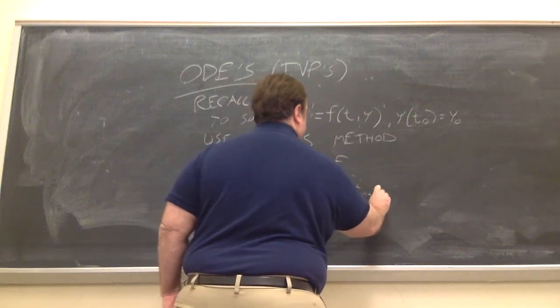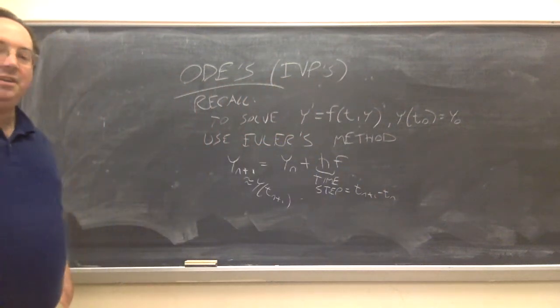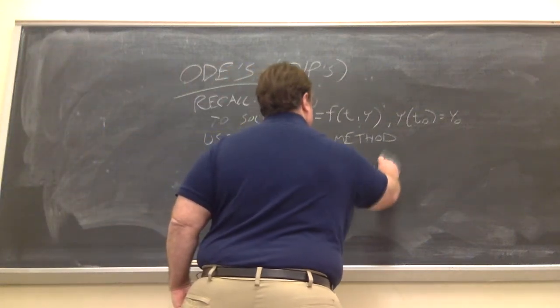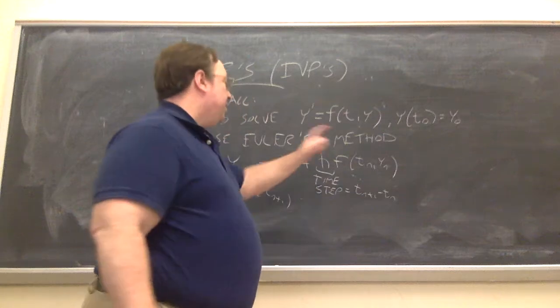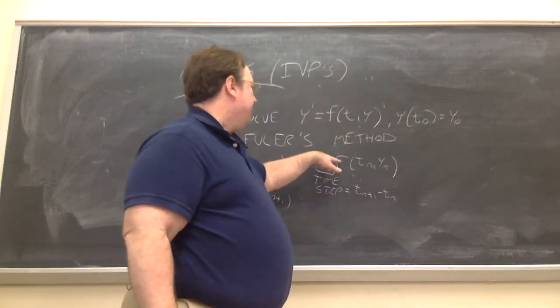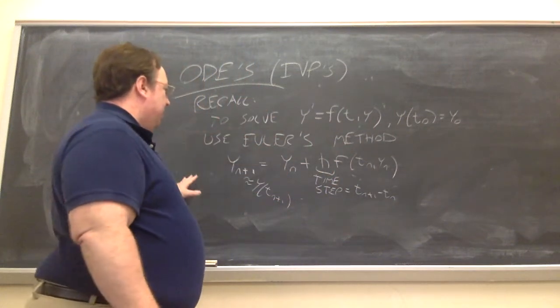So it's just the difference between two consecutive time values. So you plug your current time and current solution value into your time derivative f, multiplied by h, add on the previous solution value, and you get the new solution value.